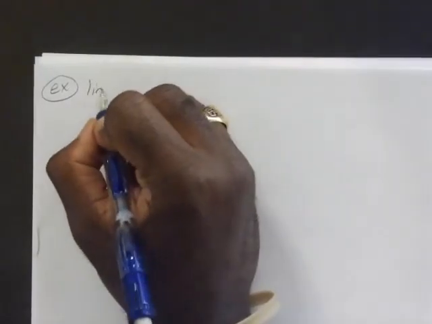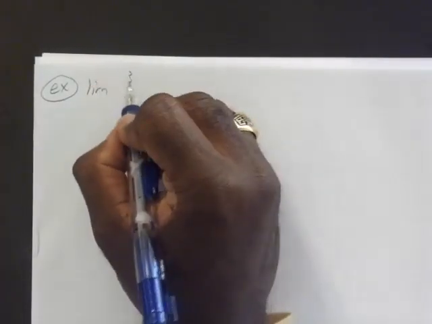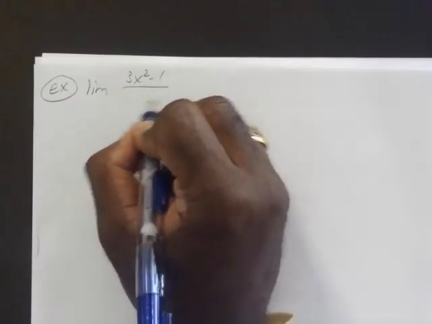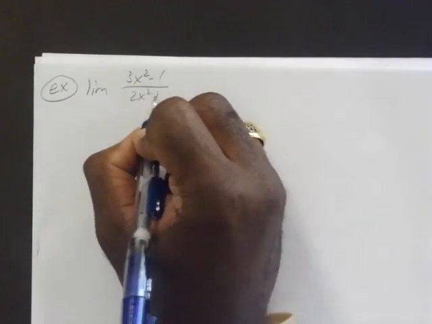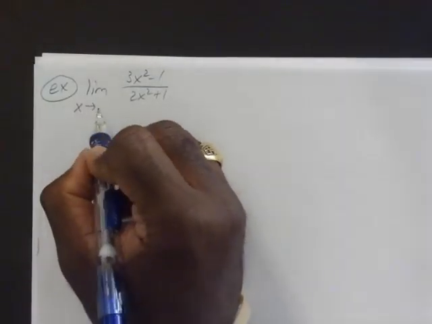So let's say we wanted to find the limit of 3x squared minus 1 divided by 2x squared plus 1 as x approaches infinity.